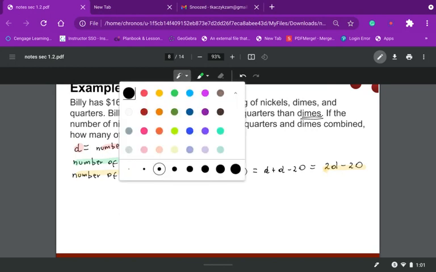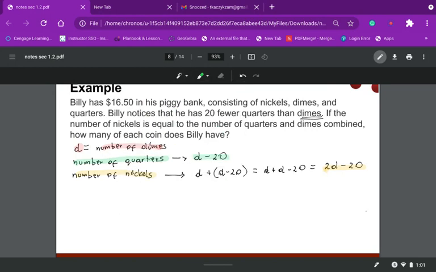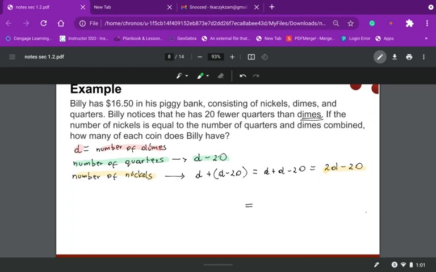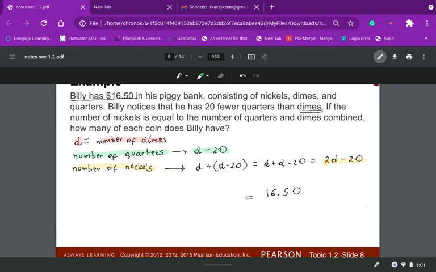Now it's time to create the equation. To create our equation, we're going to use the information that Billy has $16.50 in total.